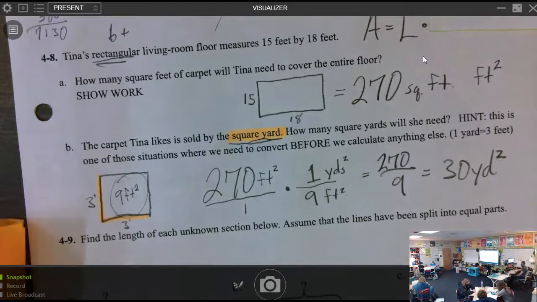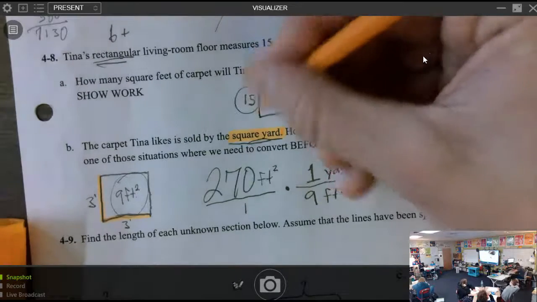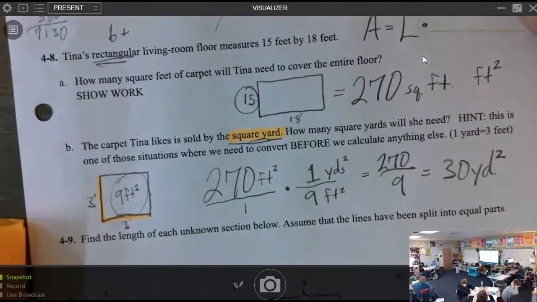Questions? Yeah, Sophia? So can I do it the wrong way if I just divide like... No, that's another way you could do it. So Sophia's thought process was, how many yards is 15 feet?